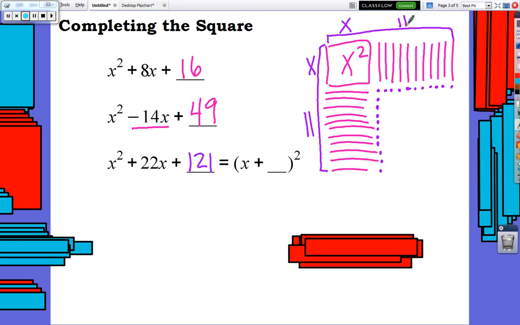So what goes into the parentheses, the thing that is being squared, so what is being multiplied to itself, is the x plus 11. So that's what you're going to see on the homework, it's going to ask you to find this last value and to plug it in to a squared.